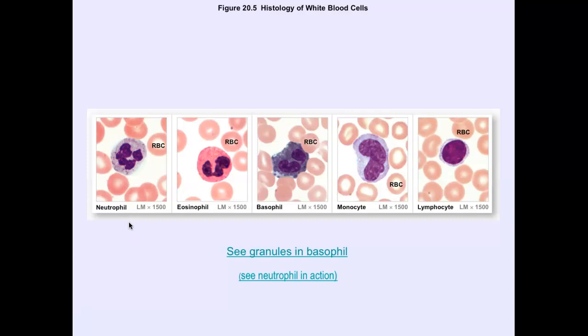So it turns out that when you stain these white blood cells with the stains that they use, the cytoplasm either shows up grainy or does not. So early on, they divided these white blood cells into granulocytes, the ones that look grainy, and agranulocytes, the ones that don't. So out of this picture, it's actually quite difficult to tell, I think.